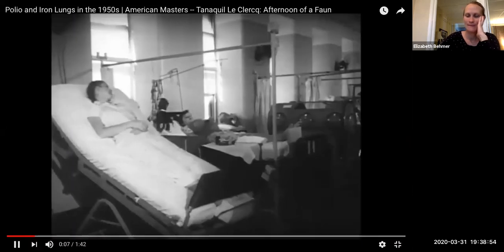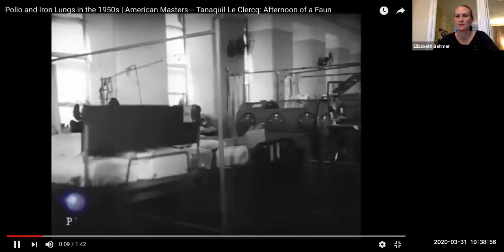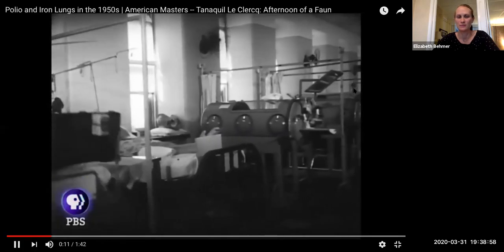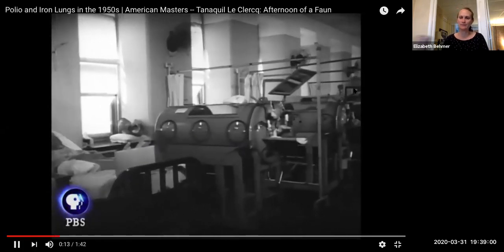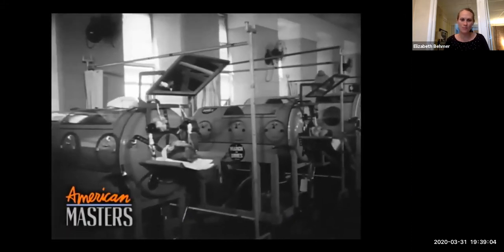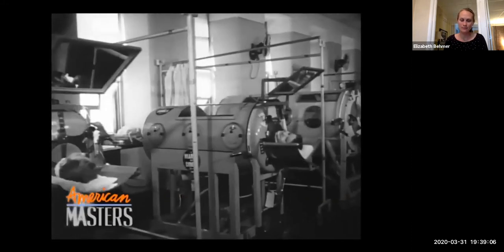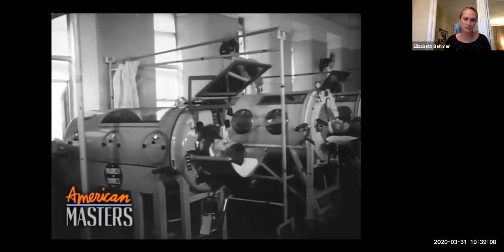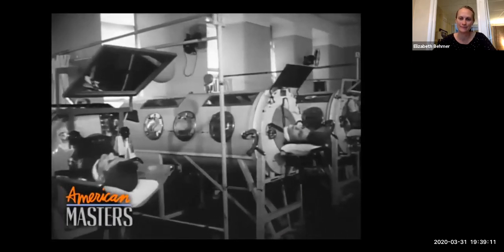do? Yeah. Okay. Polio 1956. This is the way it looked. This is the way it sounded. You are listening to the breath of life as it is pumped by these tank respirators called iron lungs.